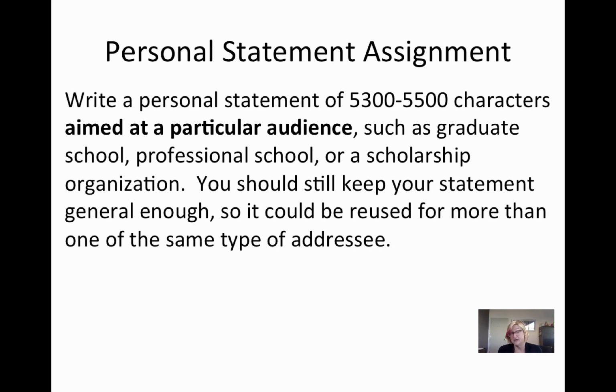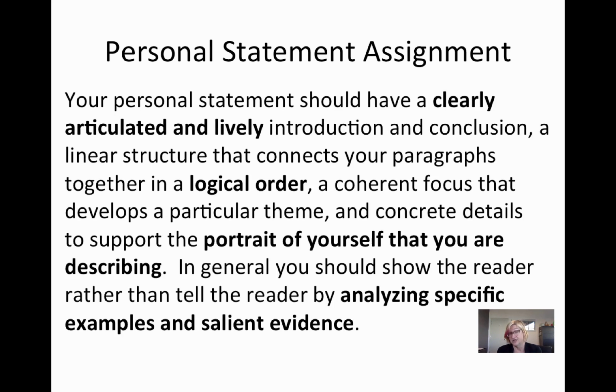Your personal statement should have a clearly articulated and lively introduction and conclusion, a linear structure that connects your paragraphs together in a logical order, a coherent focus that develops a particular theme, and concrete details to support the portrait of yourself that you're describing. In general, you should show the reader rather than tell the reader by analyzing specific examples and salient evidence.